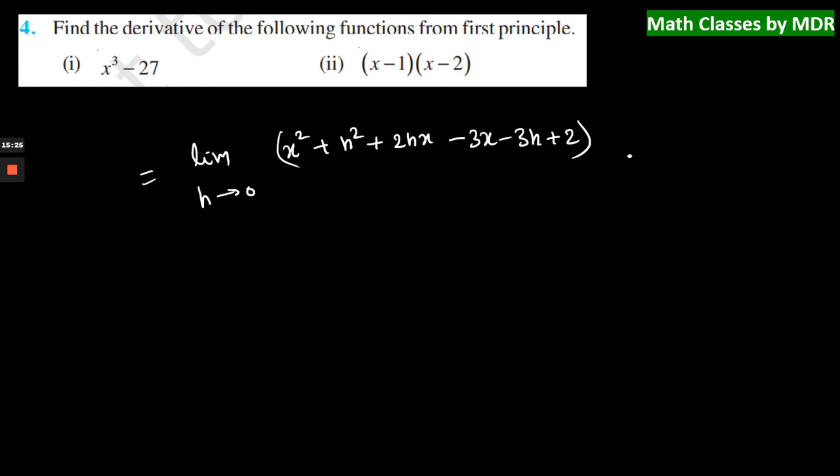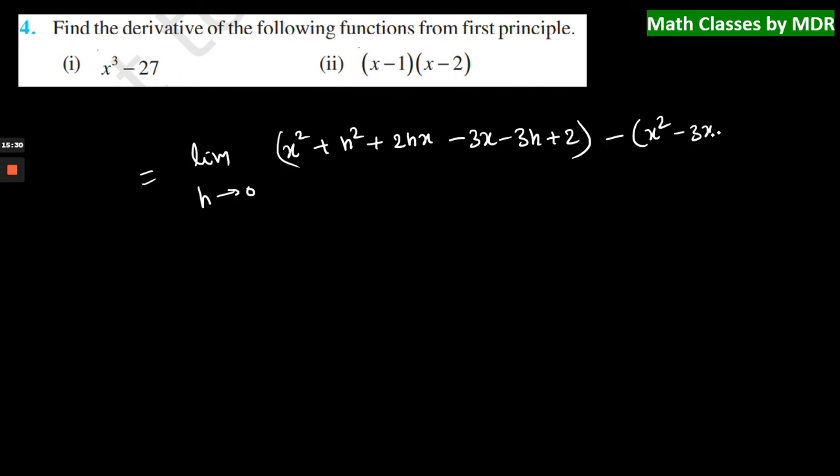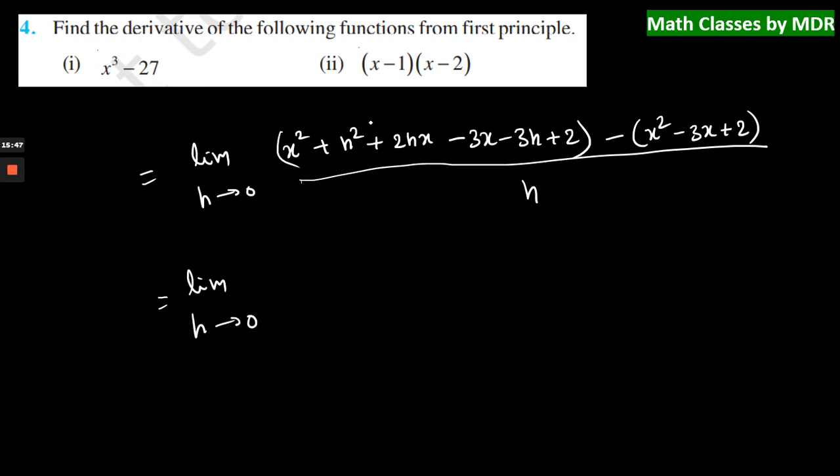Now the second brackets, let us write as it is: minus (x square minus 3x plus 2), whole divided by h. So limit h tends to 0. So x square gets cancelled here, 3x gets cancelled, 2 gets cancelled, right? So which is h square plus 2hx minus 3h, by h.